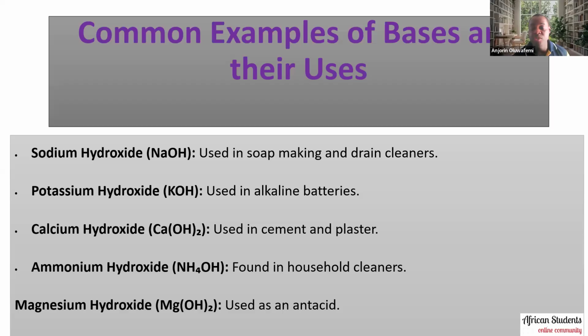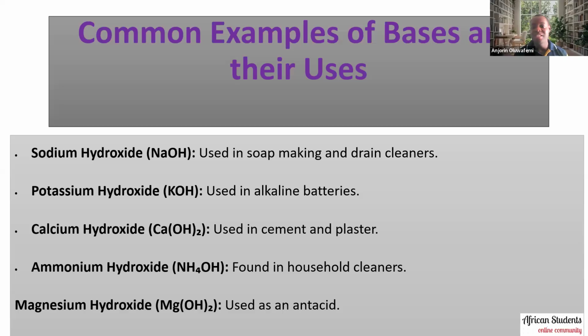Calcium hydroxide is used in cement and plaster. Ammonium hydroxide is found in household cleaners, and then magnesium hydroxide is used as an antacid, and it's very, very important for those of you that have had a heartburn before, and they ask you to go and take something, and just give you that thing. You don't even know what it is, but you just discover that the moment that thing entered into your stomach, you have a massive relief.